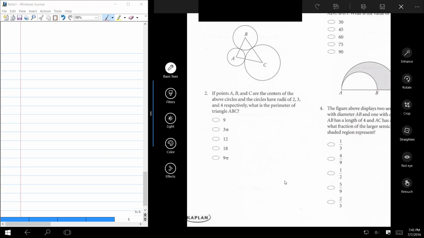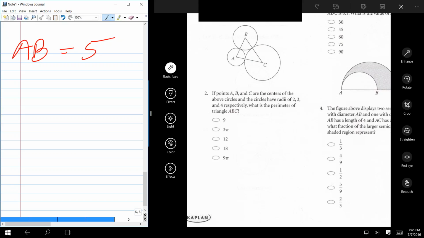What's A to C or A to B? No, it's a radius of 2 from A to here, and a radius of 3 from here to here. So it's 5. Okay. You see that? AB equals 5.